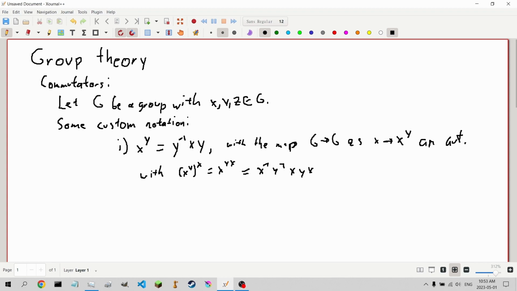Or I guess we should call this a bit more generally, z, which would make a little more sense. And this is just from the fact that inverting a product swaps their order.